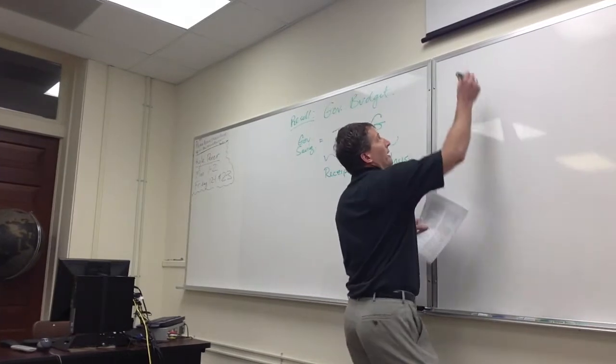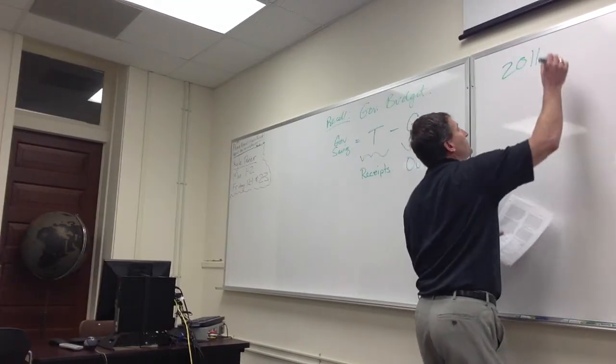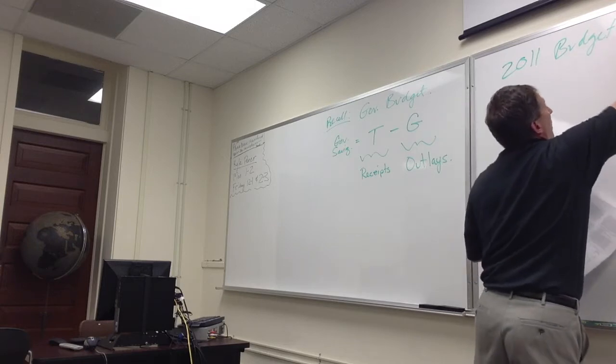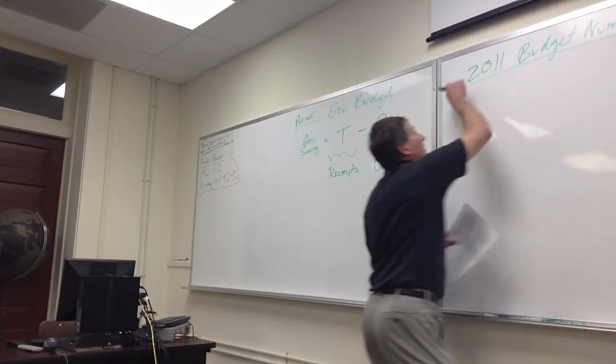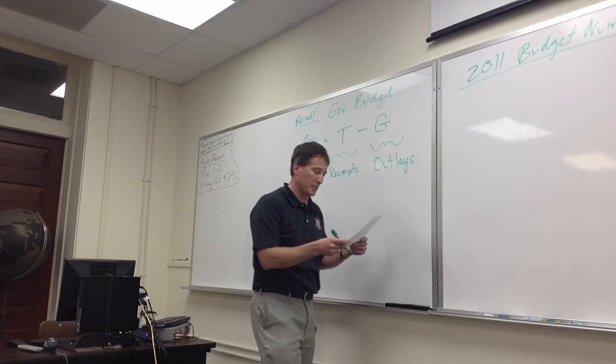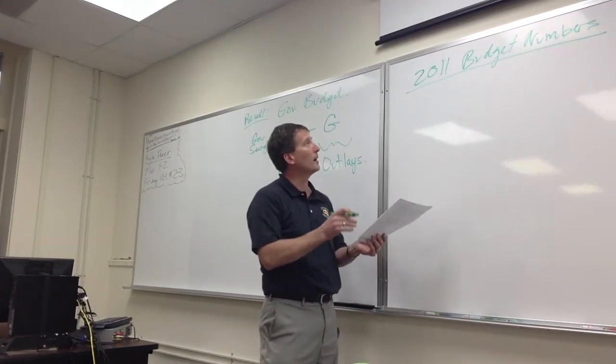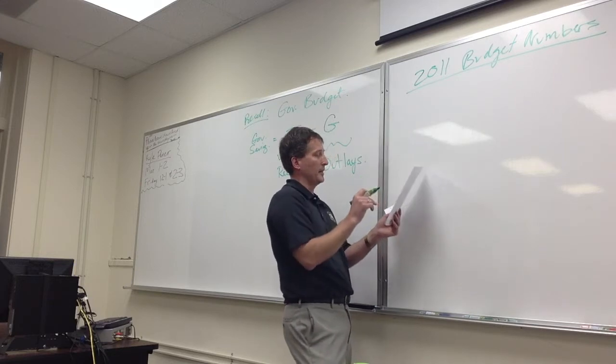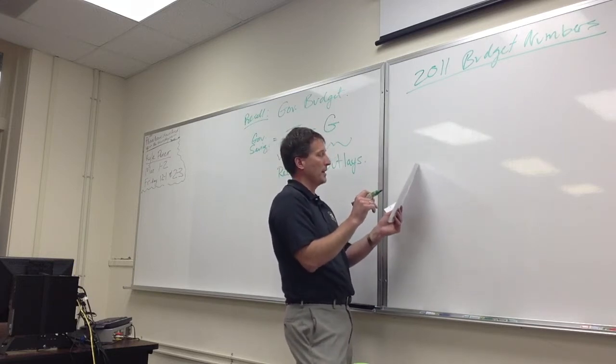And so here are our 2011 budget numbers. These were the projected numbers, by the way, prior to 2011 getting in, so this is a little dated, but this is data from 2011.